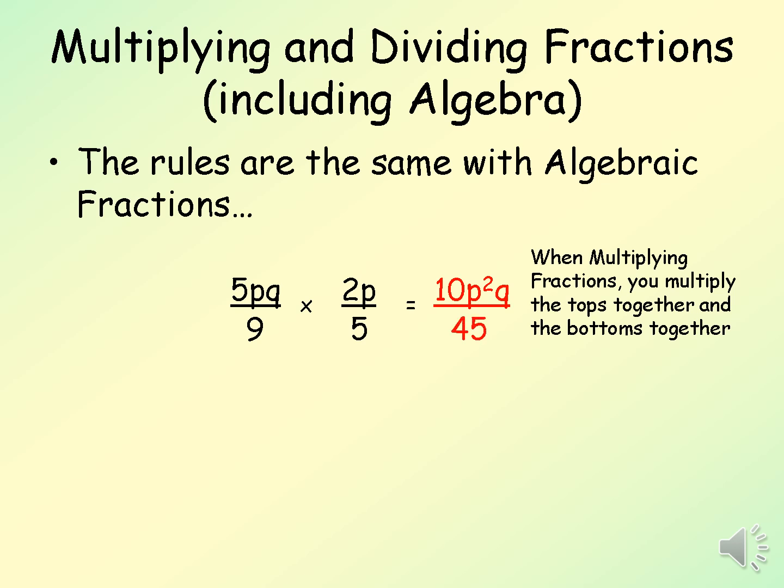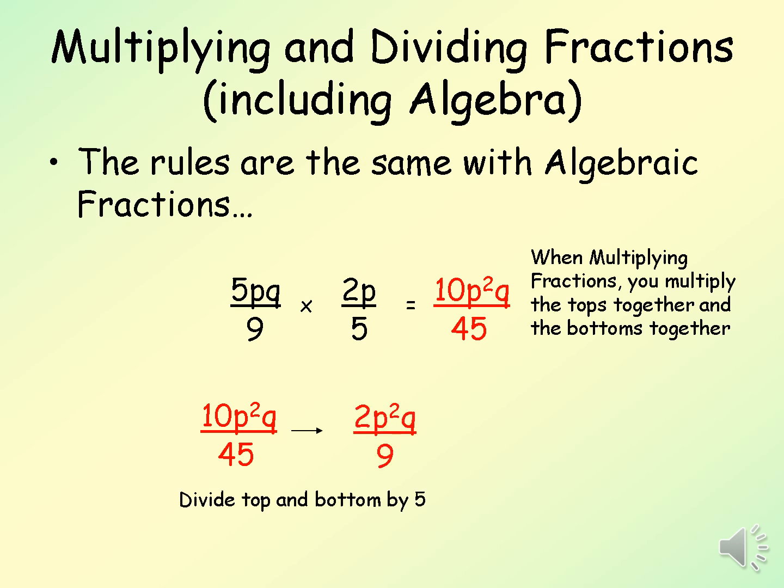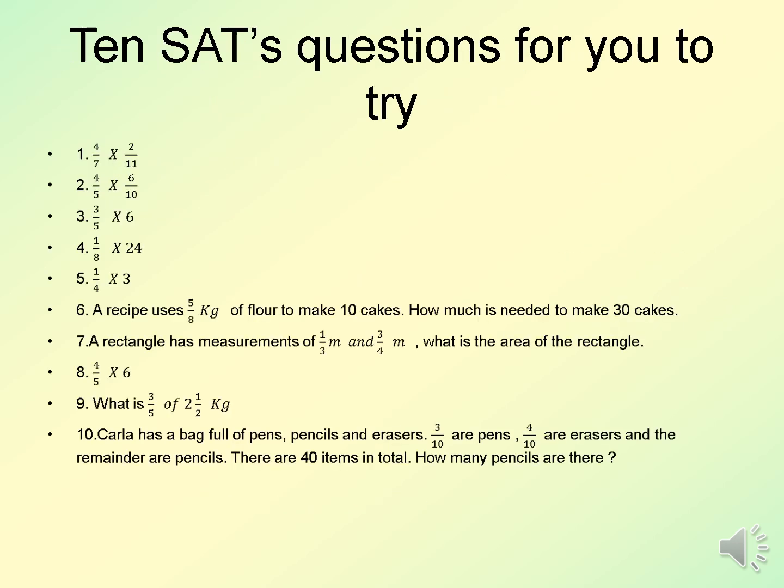Okay, again we look at the numbers, and they both divide by 5, and 10 divided by 5 is 2, and 45 divided by 5 of course is 9. Okay, sorry, I moved on a little fast.